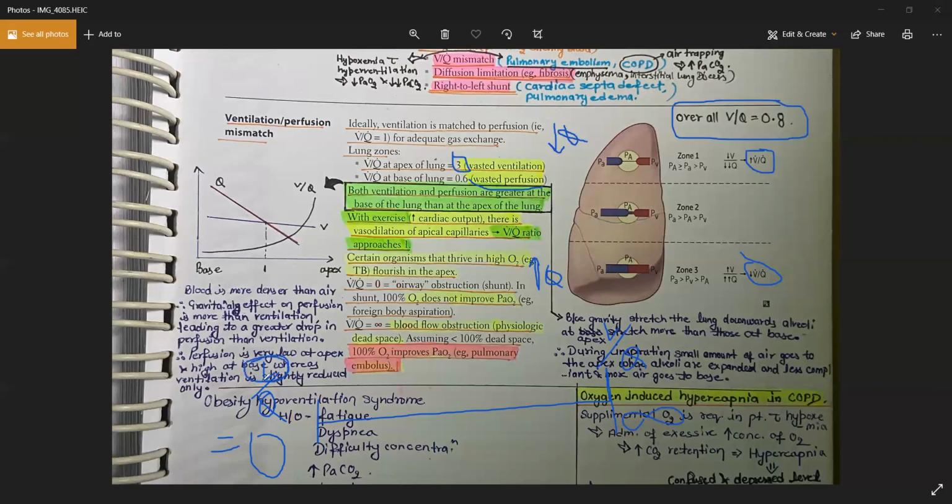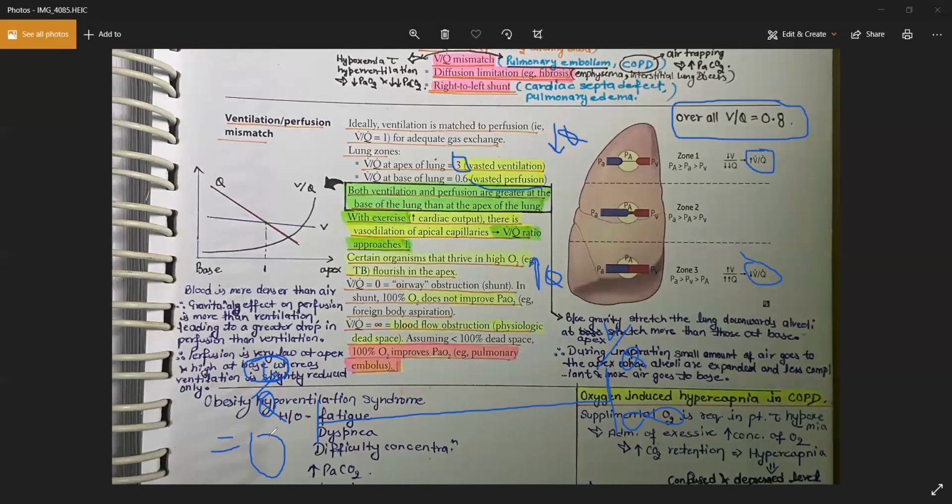So in a scenario where an alveolus does not have any ventilation, but it has a normal blood flow, it has a perfusion. So no ventilation, but a perfusion. What will you call it? VQ equals 0: an obstruction, or you can call it a shunt.